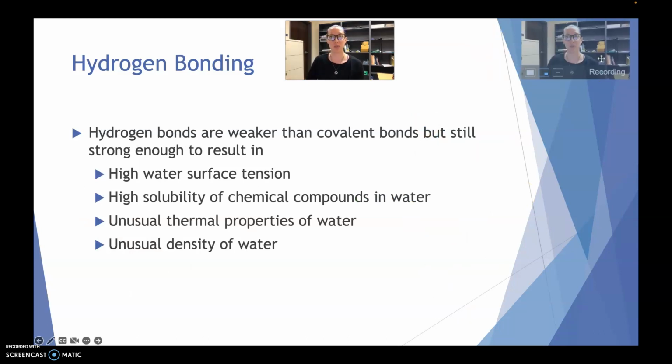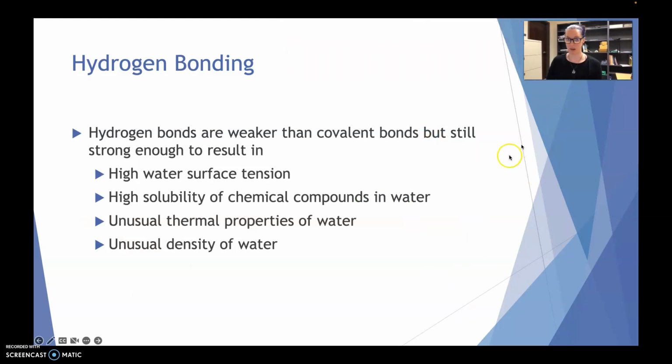So even though hydrogen bonds are weaker than covalent bonds, they're still so strong that they result in high water surface tension, high solubility of chemical compounds in water, which basically means that you can break down other things in water.